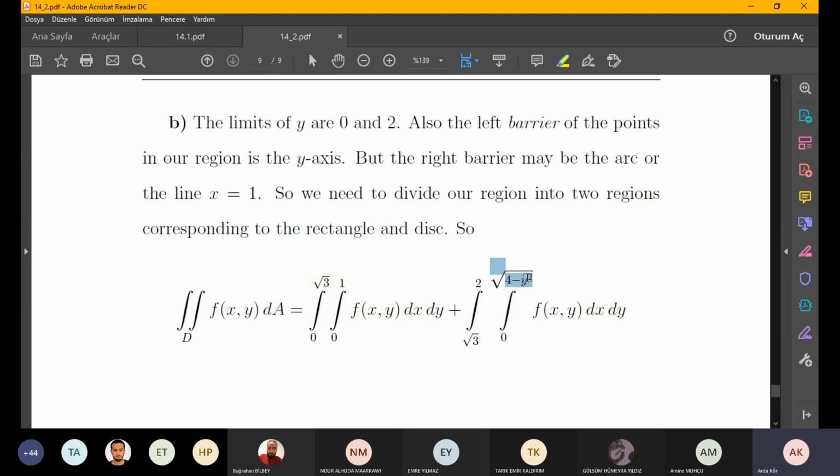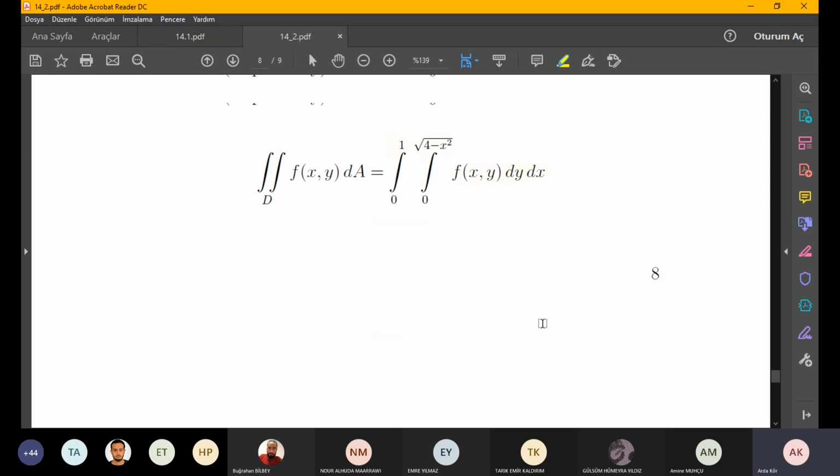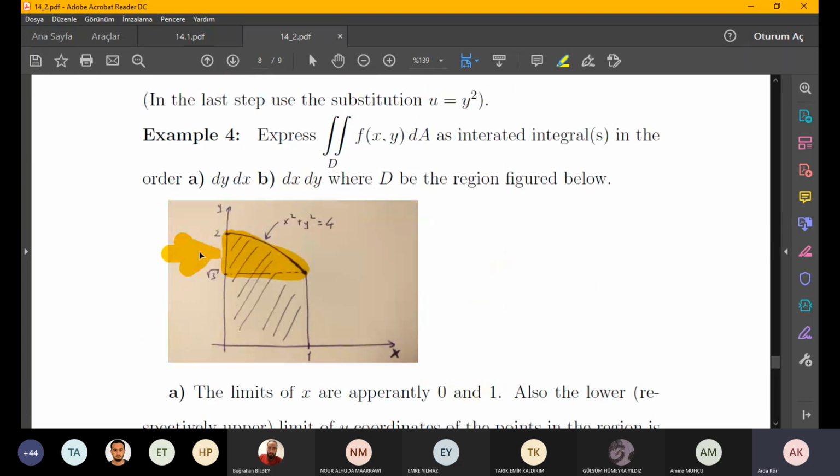And now we will see the upper limit with respect to x. So if you just come across here, this has to be that arc, which is x square plus y square equals 4.